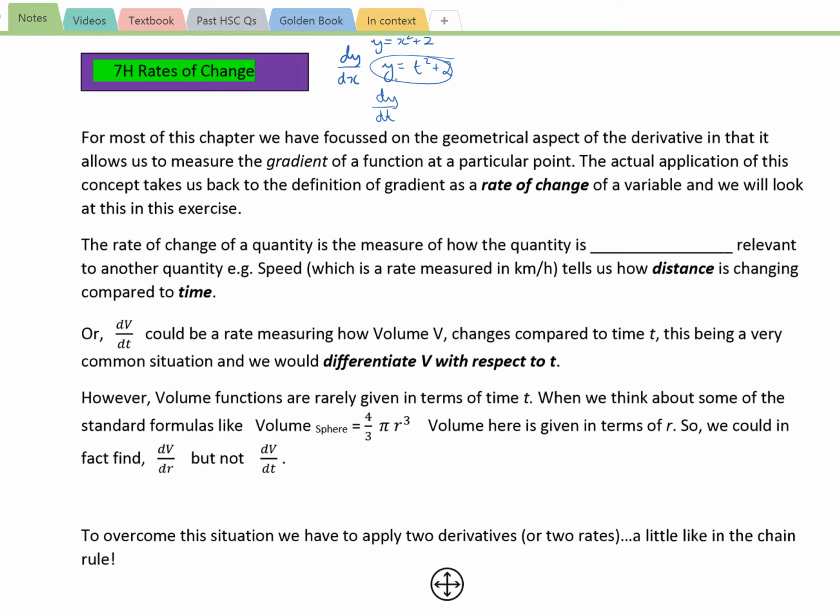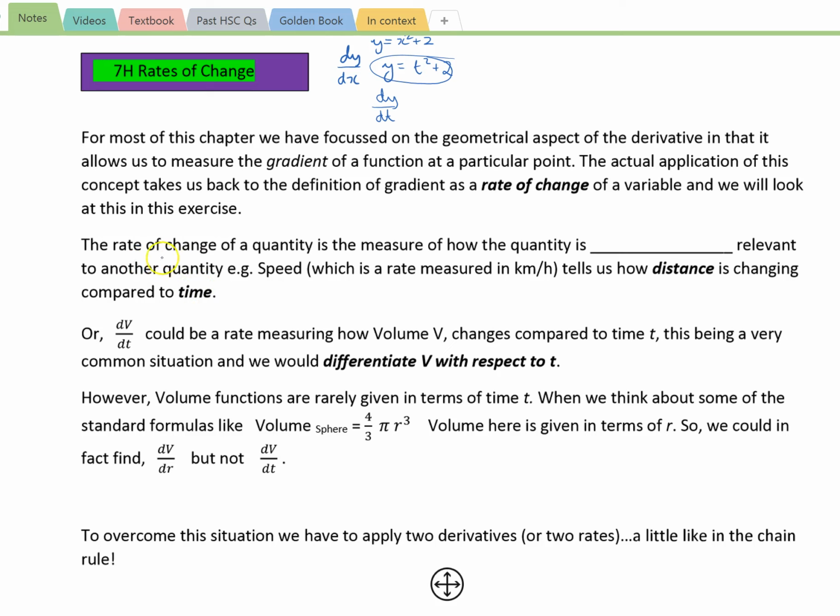Now, when I say that we need to, it's because we have an understanding of what this derivative is getting for us. We know mathematically it's getting for us an expression for the gradient, but there is a real life understanding to that, which has got nothing to do with gradient and tangents.